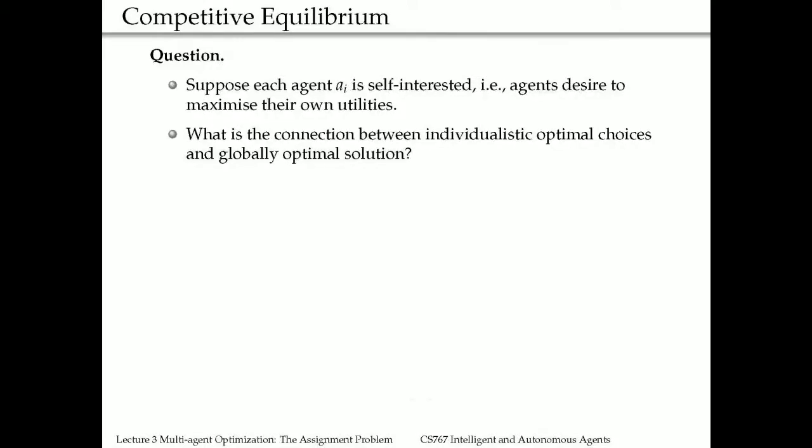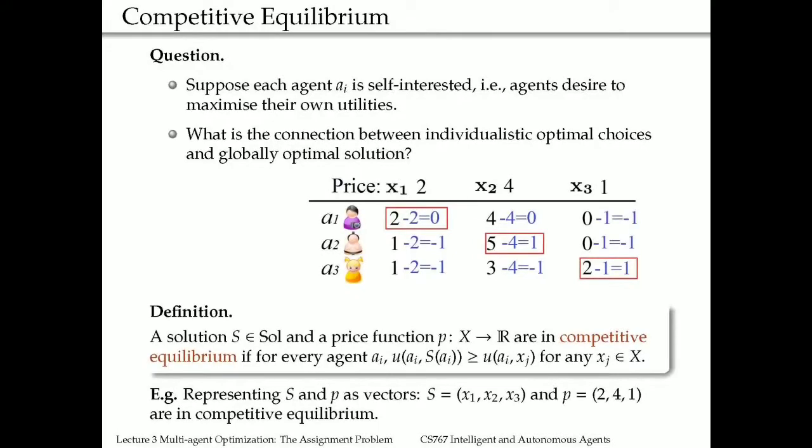And imagine we have this setup, which I just described in the last example, where agent 1 receives x1, agent 2 receives x2, agent 3 receives x3. You can then see under the current price of the items, namely 2, 4, and 1, the item x1, in fact, is the best choice for A1 to obtain.